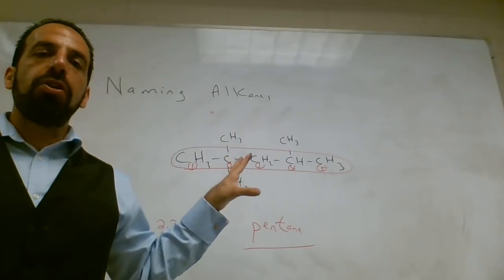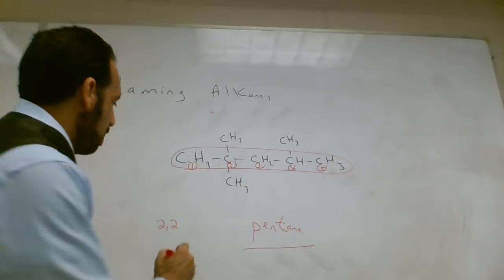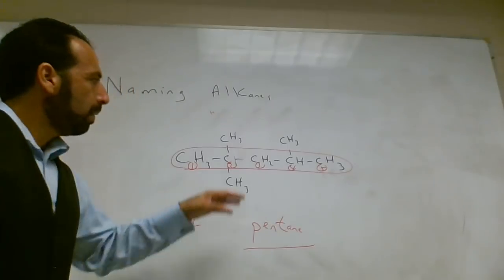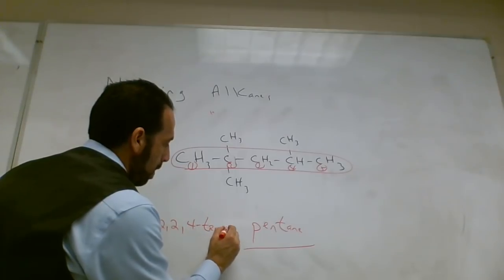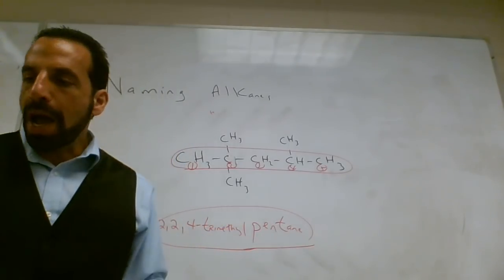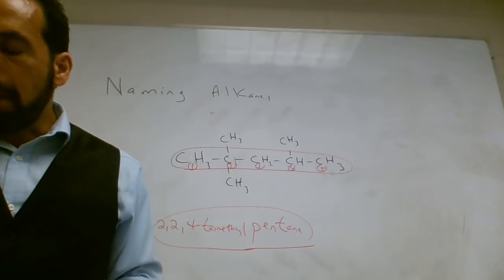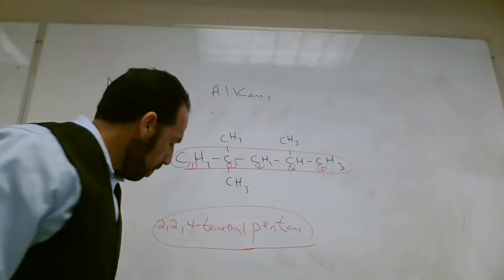I'm going to write 2,2, which indicates to me, or to anybody who's reading it, that I have 2 of those. And then I'm going to say 4. I got 3 methyl groups. So try trimethylpropane with this. Let's go ahead and do another one here.